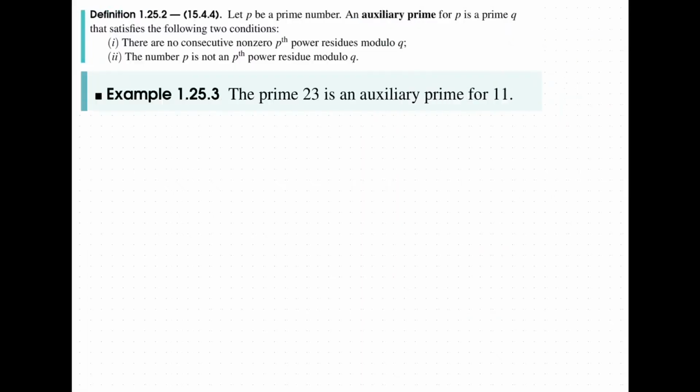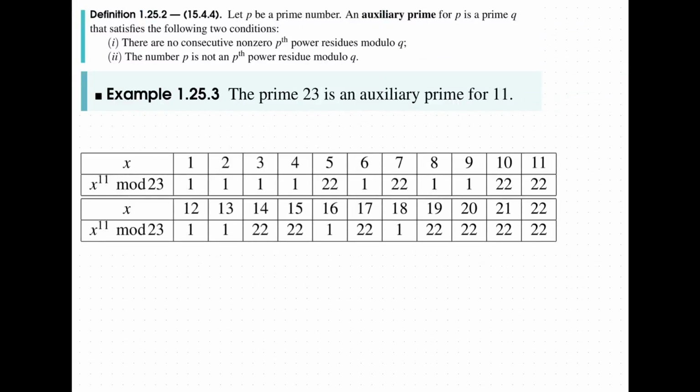Let's do one more example. 23 is an auxiliary prime for 11. We go ahead, make our table, but now we have to consider the non-zero elements modulo 23. So now we're going all the way from 1 through 22, and we are considering x to the 11 mod 23. So we can go through, and what we see is that the 11th power residues modulo 23 are just going to be 1 and 22.